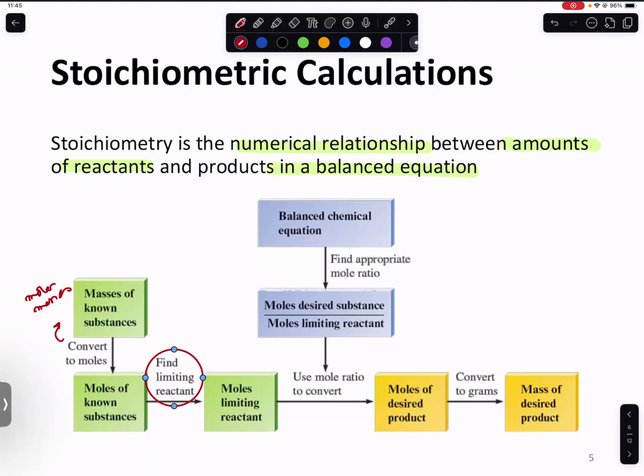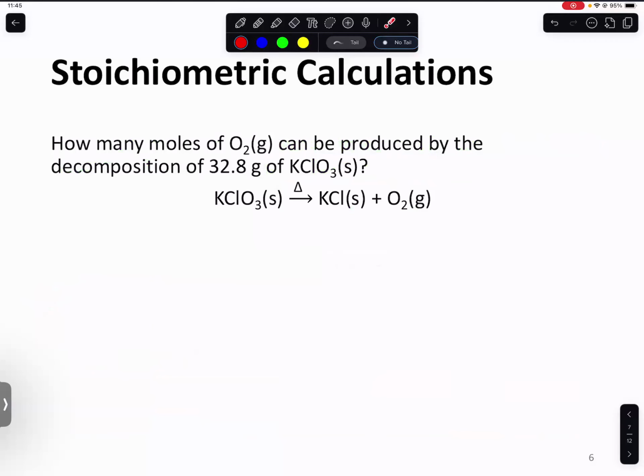And then using the balanced chemical equation, we can also convert using the mole to mole ratio, as I showed you on the previous slide, to determine the moles and the masses of the products. And vice versa. We will go through this very thoroughly in class and in this video.